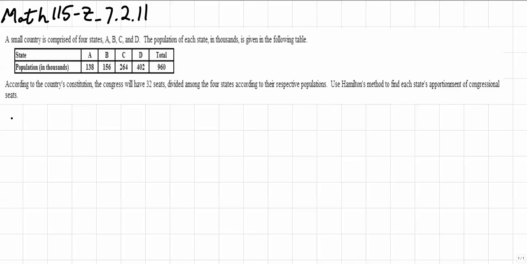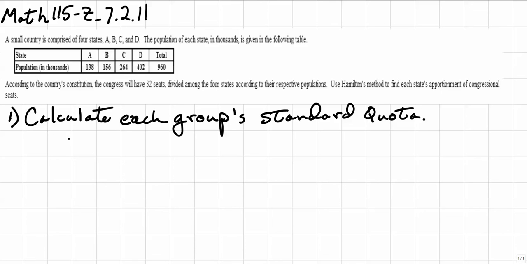Alright, the first thing that we need to do is calculate each group's standard quota. So I'm going to write that down. And in order to do this, we need to find the standard divisor.